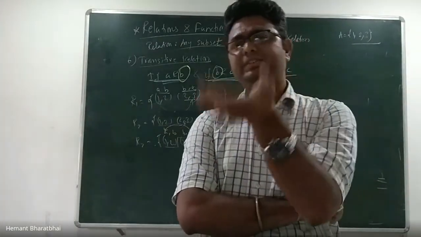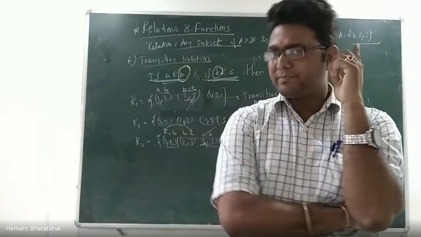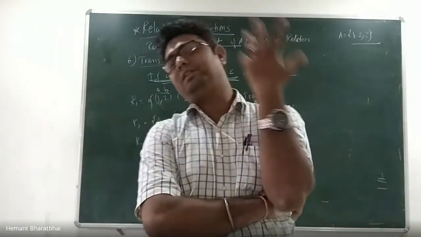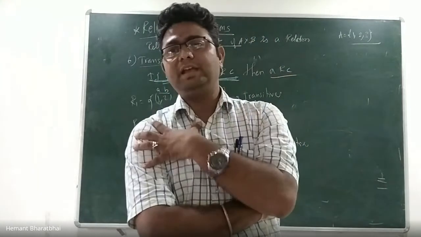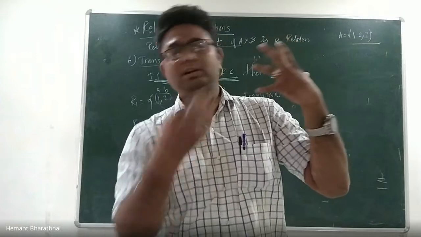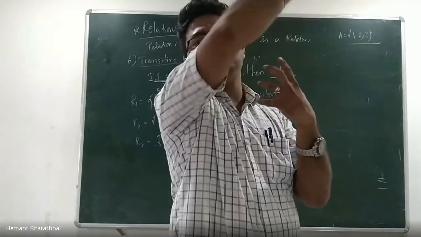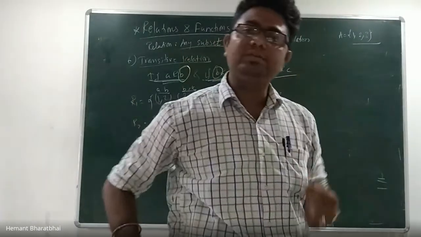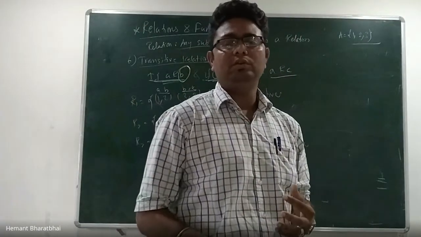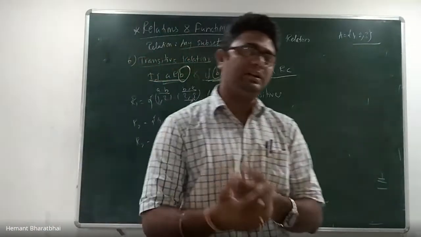So the relation will get transferred. Why? Because A is related to B. I am A and my parents are B. So A is related to B. My parents are related to their parents, so B is related to C. So A also should be related to C. So that relation got transferred. So this is the transitive relation.